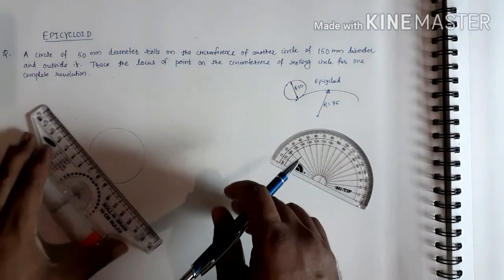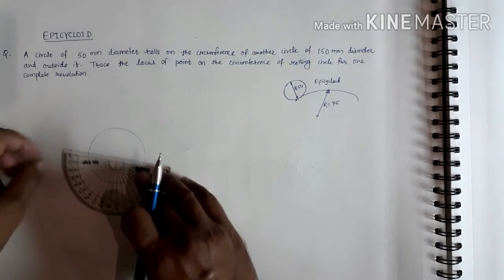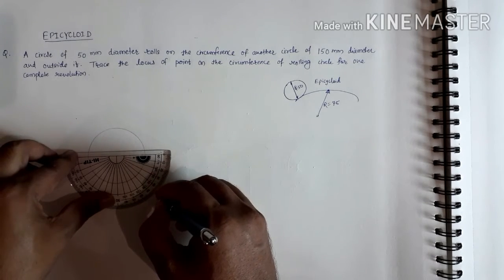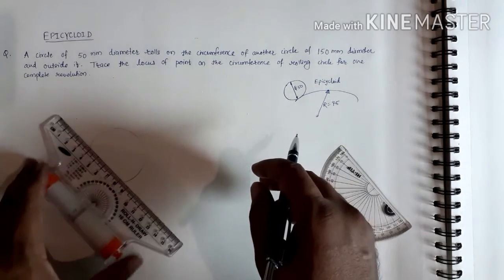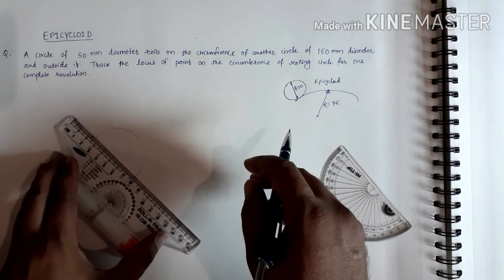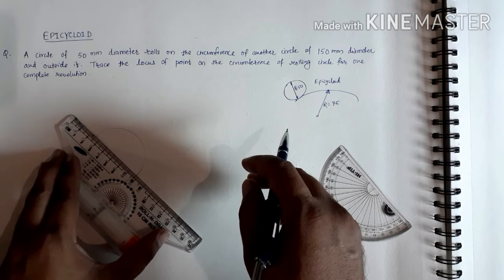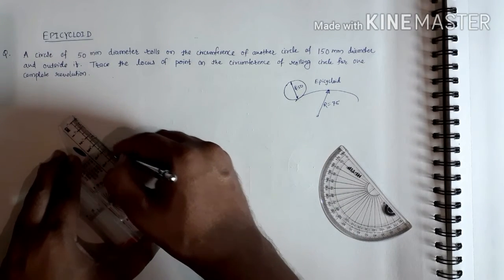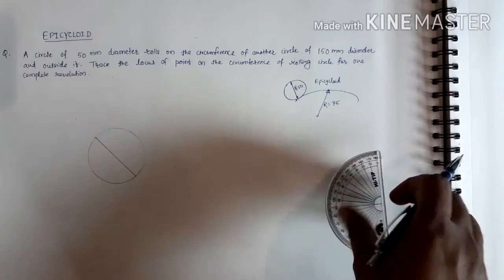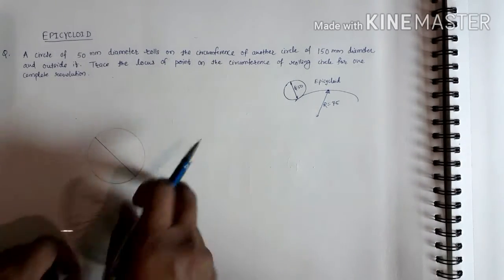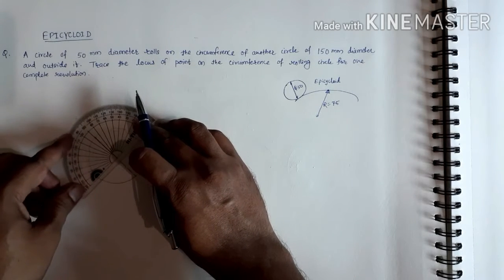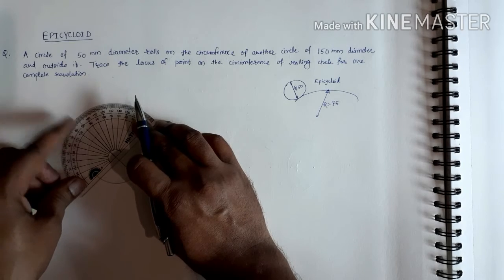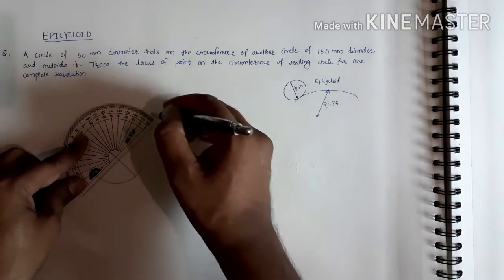Mark all the points and divide circle. Now I am taking first inclined points, because after this drawing of epicycloid curves you will understand why I took these points like this. See how the circle is divided in 8 parts.